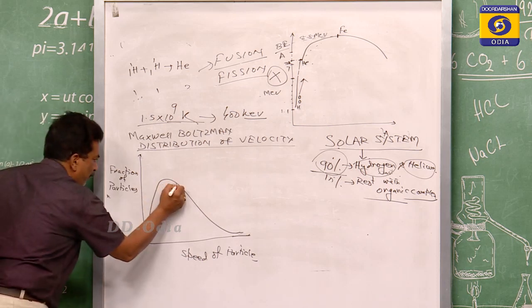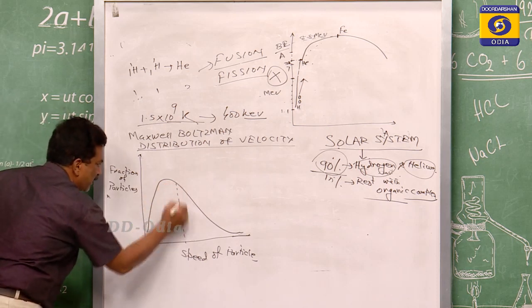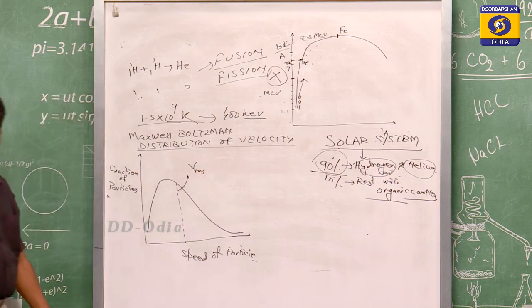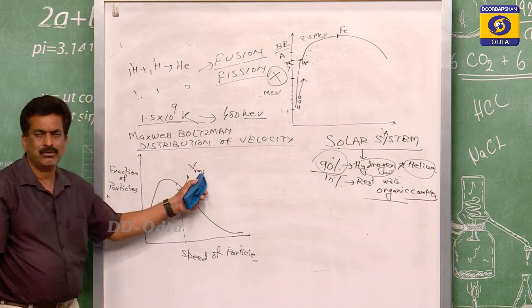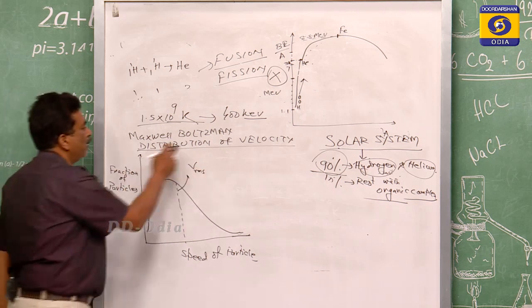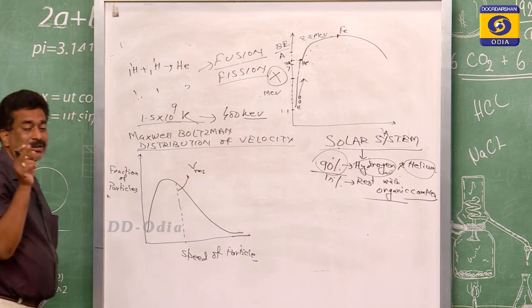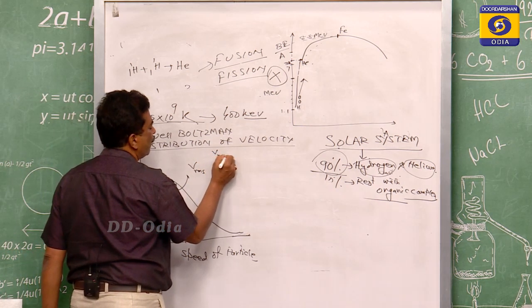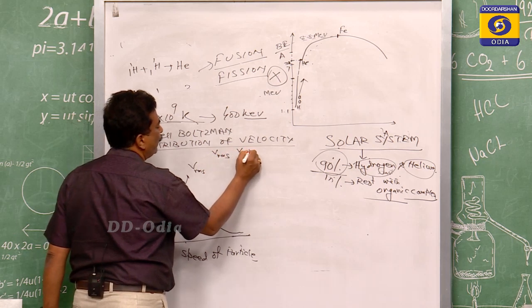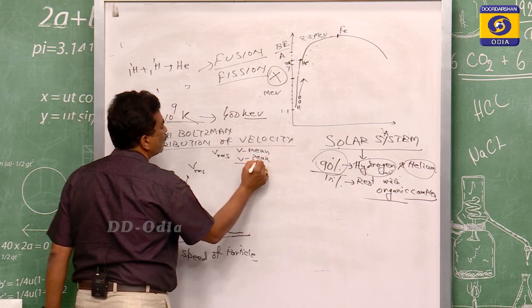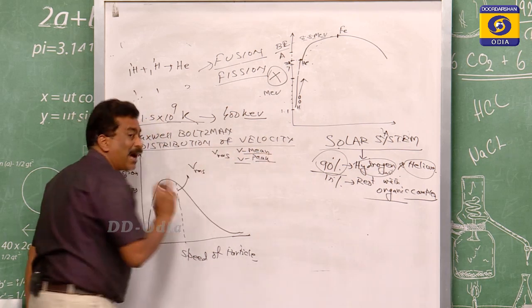This is the V RMS. What is RMS? Is it a railway mail service? No. That is the root mean square velocity. In chemistry, for the kinetic theory of gases, you know the V RMS, the peak value meaning the most probable velocity, the mean velocity, and the RMS velocity.